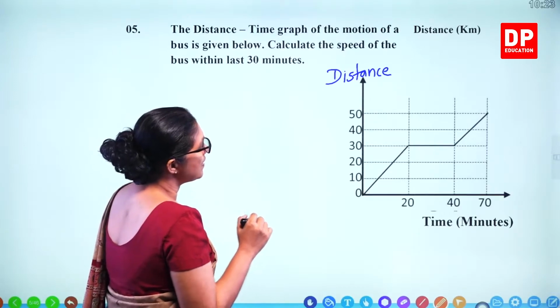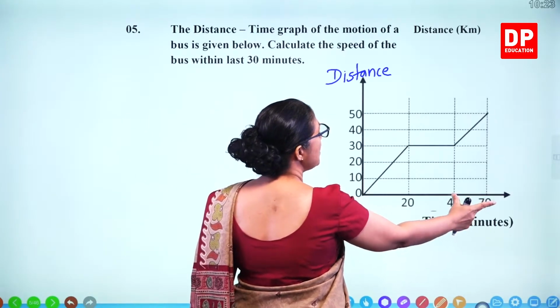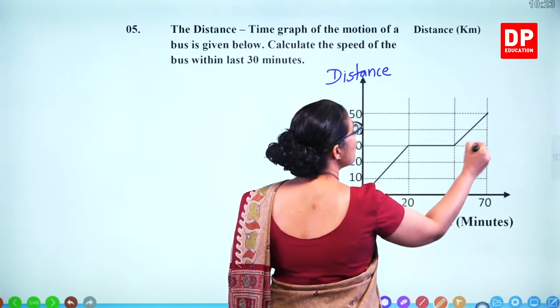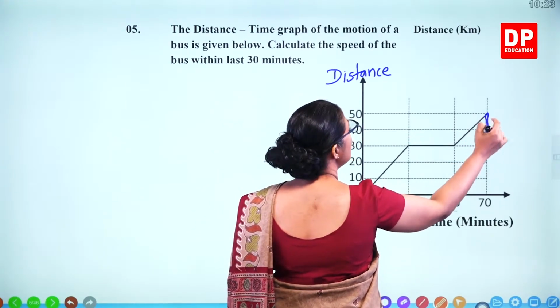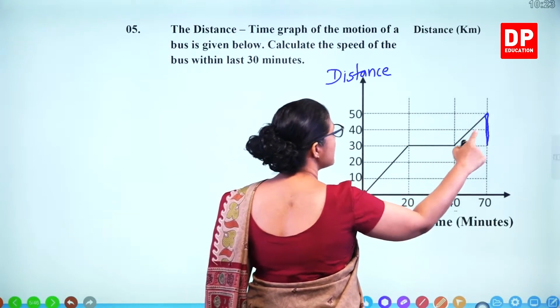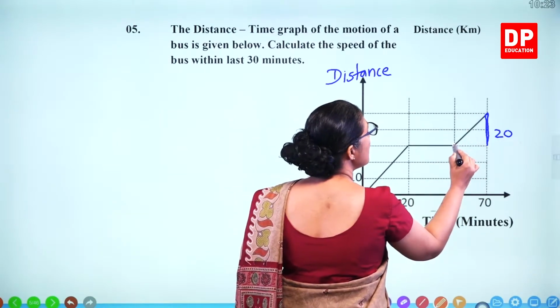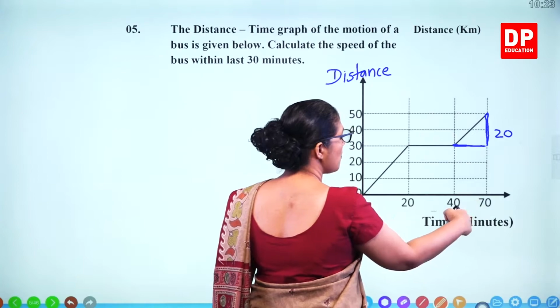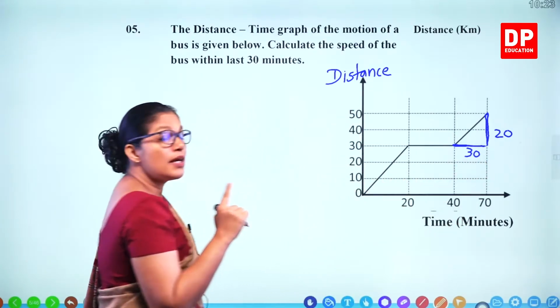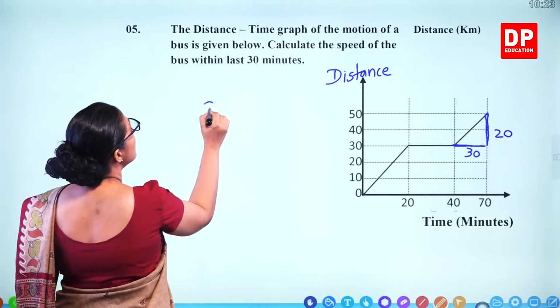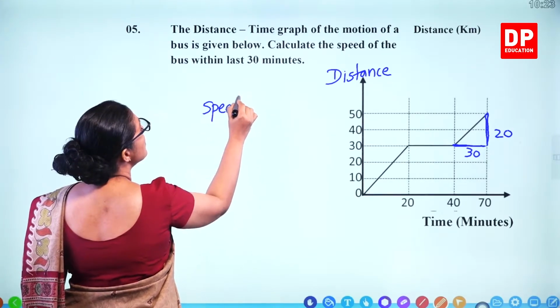Speed of the bus in the last 30 minutes means this one. So how do you find out this one? We can find out the distance travelled here. What is this? 50 minus 30, that's 20. What is the time taken? 70 minus 40, that's 30. So you can find out speed by distance over time.